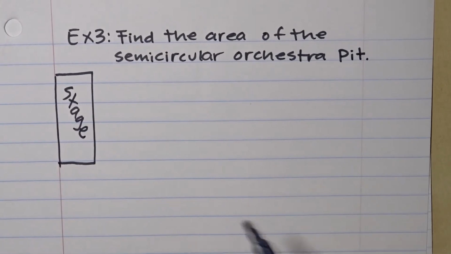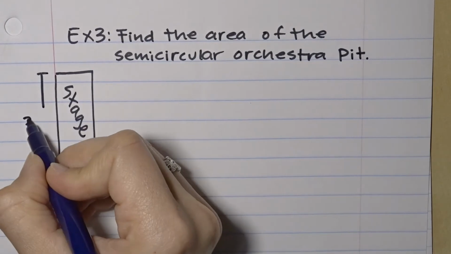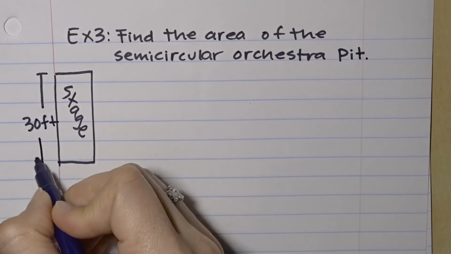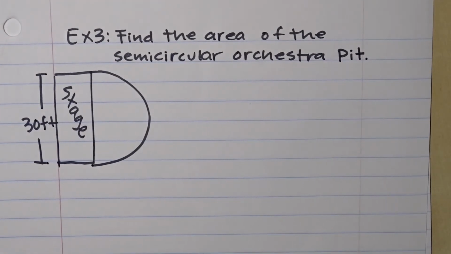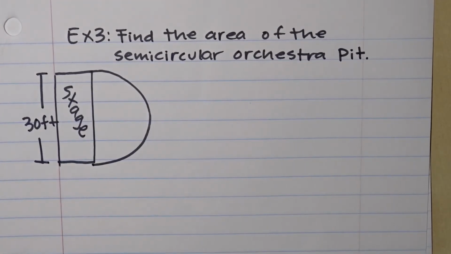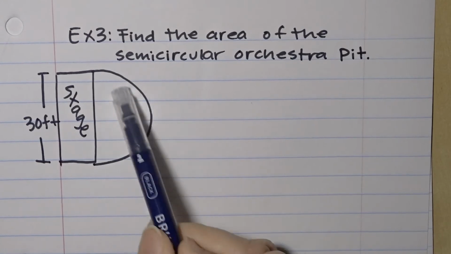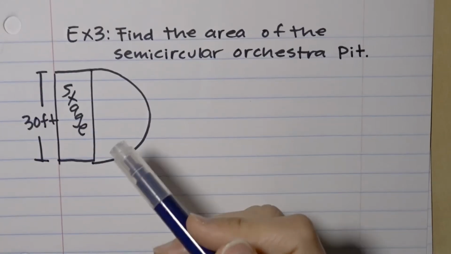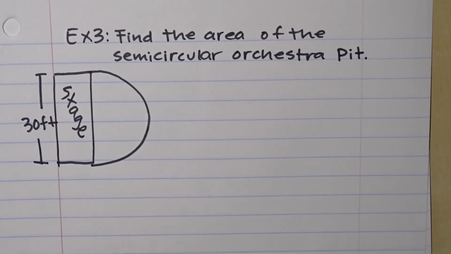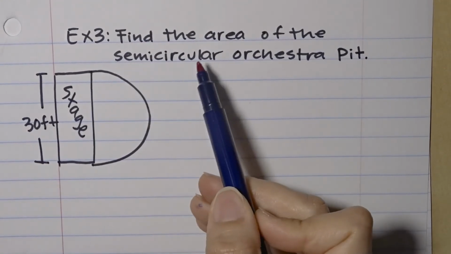And then the stage is 30 feet wide. And then you've got the orchestra pit, and it's asking us for the area of this region where I guess the fans would be cheering on the performer.